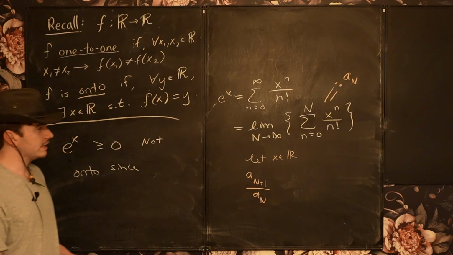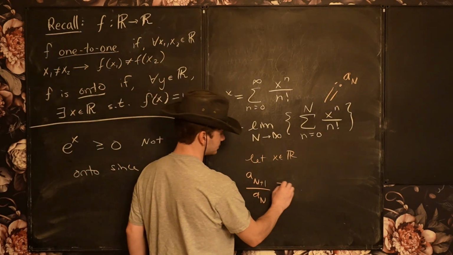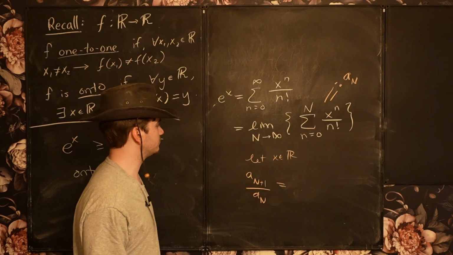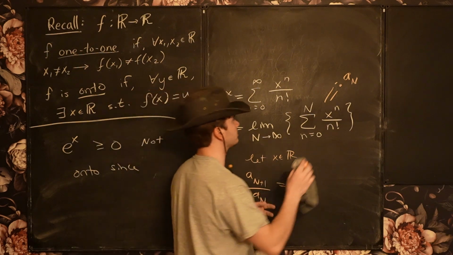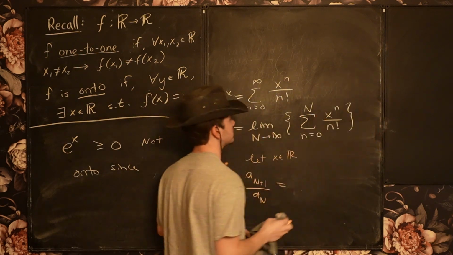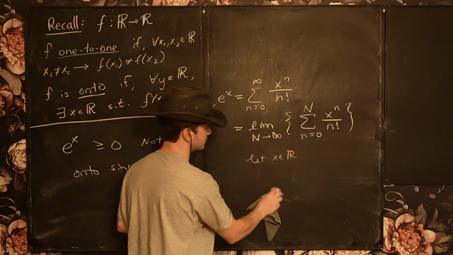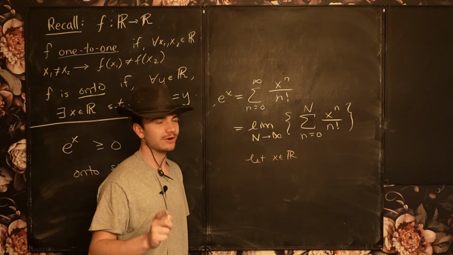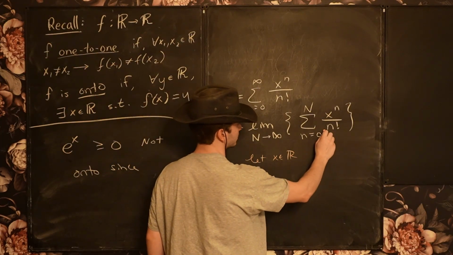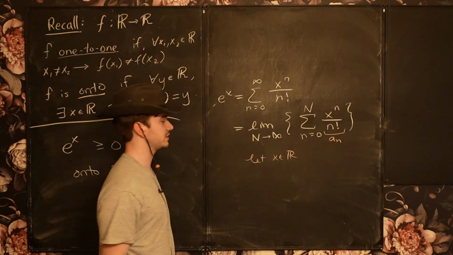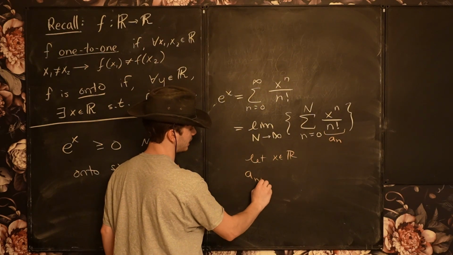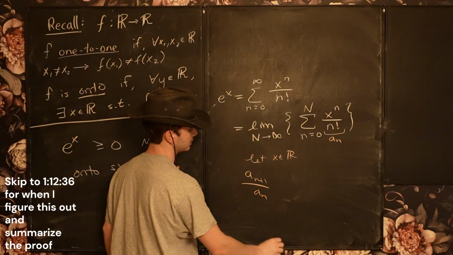All right, let's look at this. Oh, no, I'm dumb. Sorry, that's wrong. We needed to just look at the terms. These are the a sub little n's. We need to look at the terms of the series and look at their ratio, so a sub n plus 1 over a sub n.